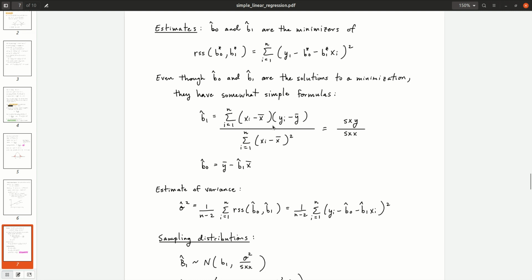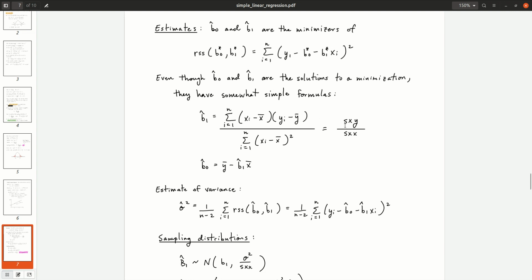We take this quantity, xi minus x bar, which is the average of the x's, and yi minus y bar, which is the average of the y's, multiply them together, and then sum it up over i. And then we take the sum of squares of the x's and add them up. The thing on the top we're going to refer to as SXY.